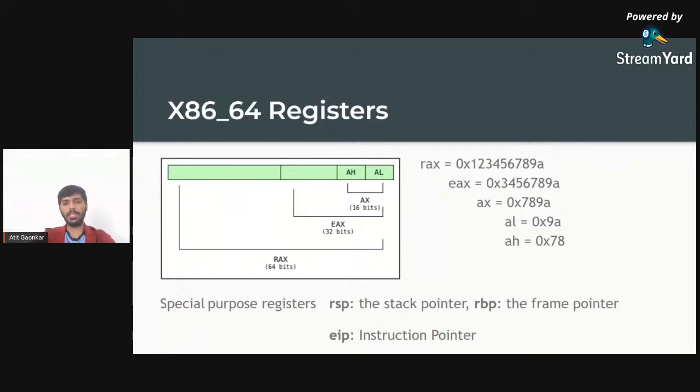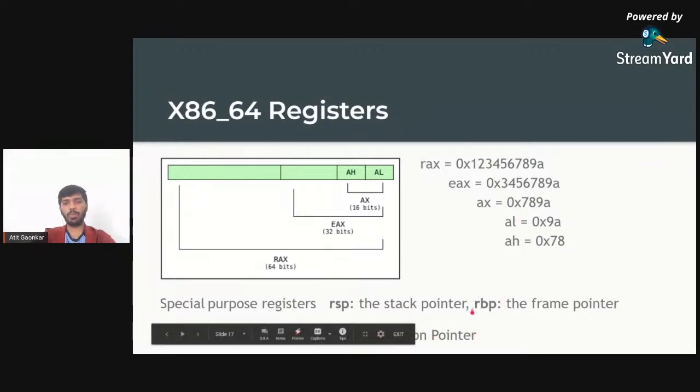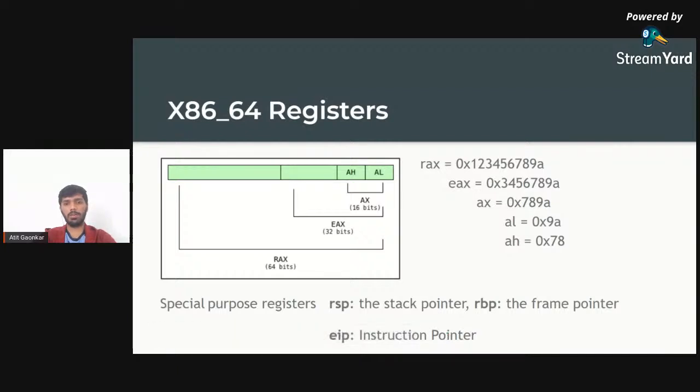To understand where exactly to go back, RBP is used. And EIP is used to understand what the next instruction is, as in where the next instruction is stored. We'll go a little more advanced tomorrow to actually understand how buffer overflow works.